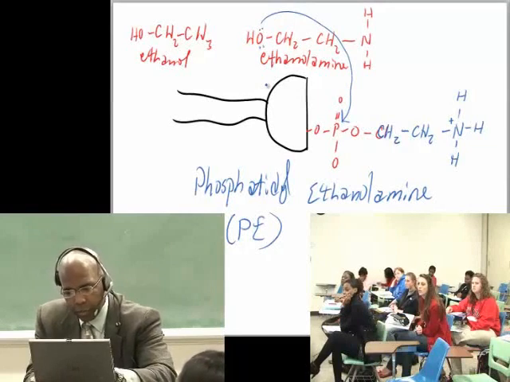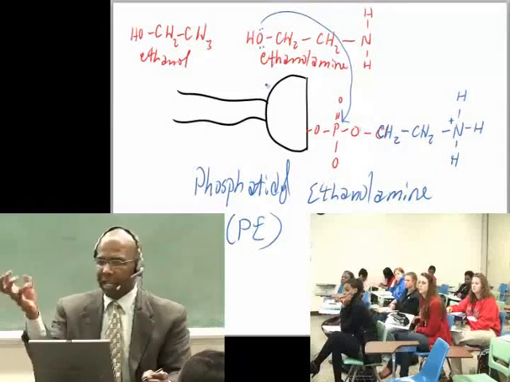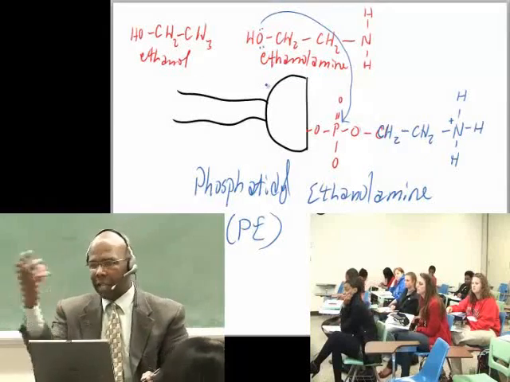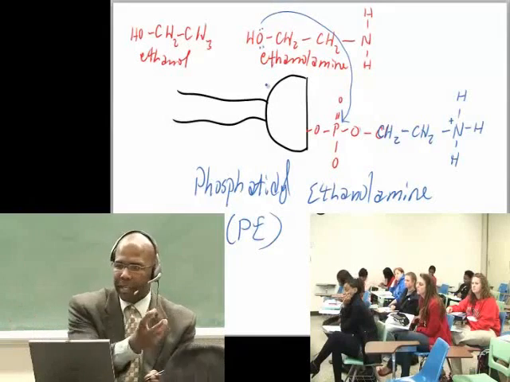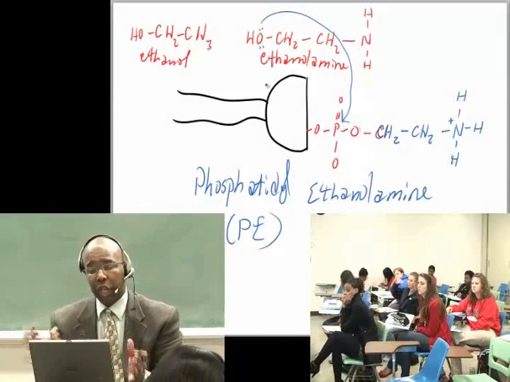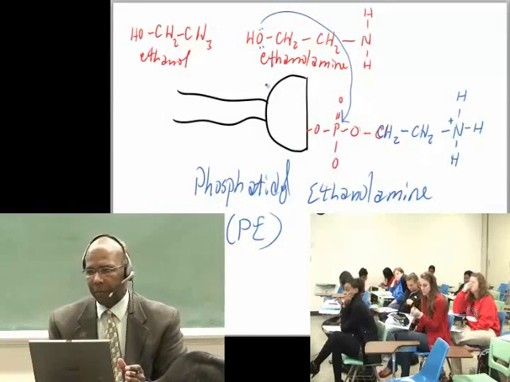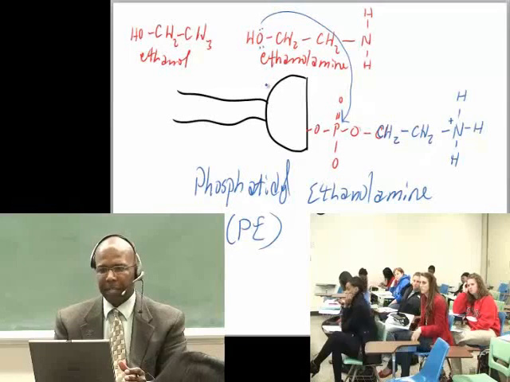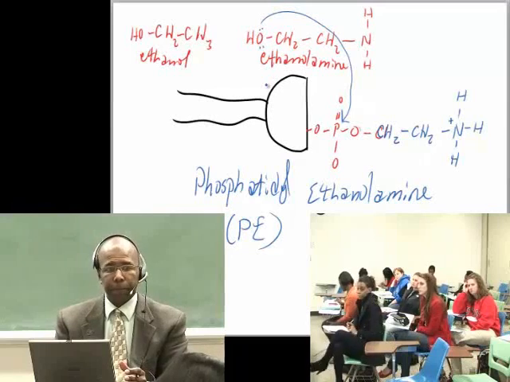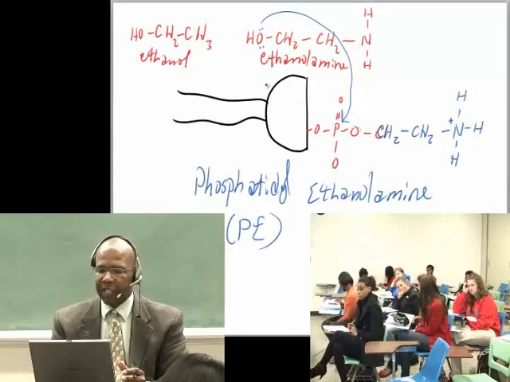And when they attack, you lose this O on the phosphate. Remember when we make our glycosides and the alcohol attacks that carbonyl carbon? That's a nucleophilic attack, and you lose that O. So you don't lose the O on ethanolamine, you actually lose the O on the phosphate. Make sense? Okay. So that's phosphatidylethanolamine.